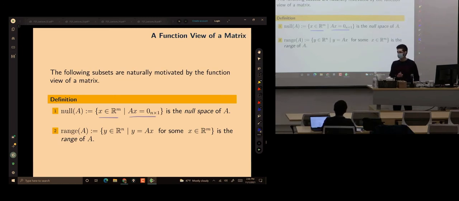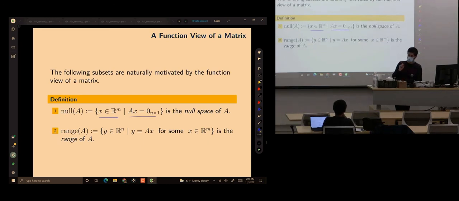That is the null space of A, and we proved that null space is a subspace. Because if you pick arbitrary vectors from the null space and form a linear combination of them, you still get 0. So null space is a subspace.